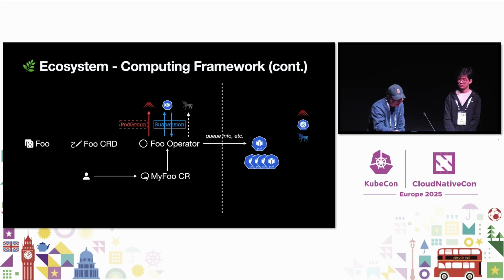So this is the biggest difference from the others. I would say the suspension mechanism is a key concept in Kueue. It can be easily adapted to a new framework in a sustainable way because you don't need to change the source code too much in the computing framework.